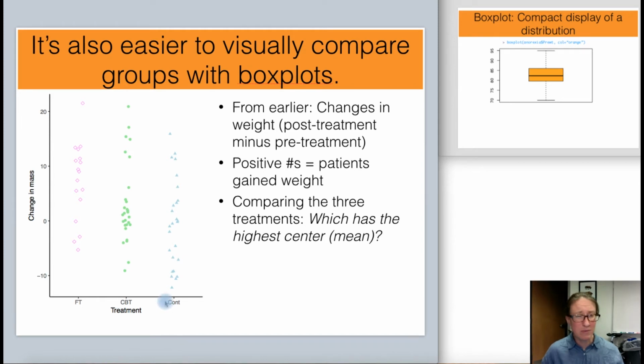And we might be interested in knowing whether one of these types of therapies is more effective than the other types of therapies. So I could just plot scatter plots of these, but then I'm just going to be left kind of squinting at a bunch of points. And so, I might want to know out of these, is there one that has a higher measure of central tendency, or a higher center, or in other words, a higher mean, or higher median.